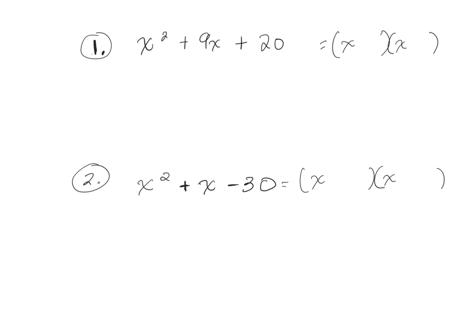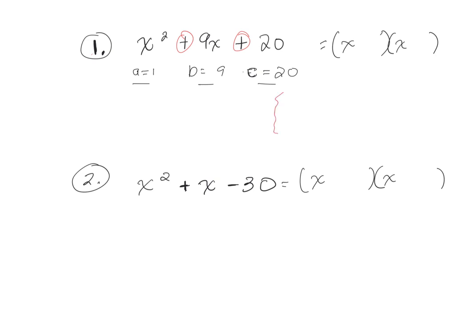All right. So what we have is, first step, a is equal to 1, b is equal to 9, and c is equal to 20. Now we want to look at the factors, because this is positive, positive, positive. So the 9 is the sum of the factors.